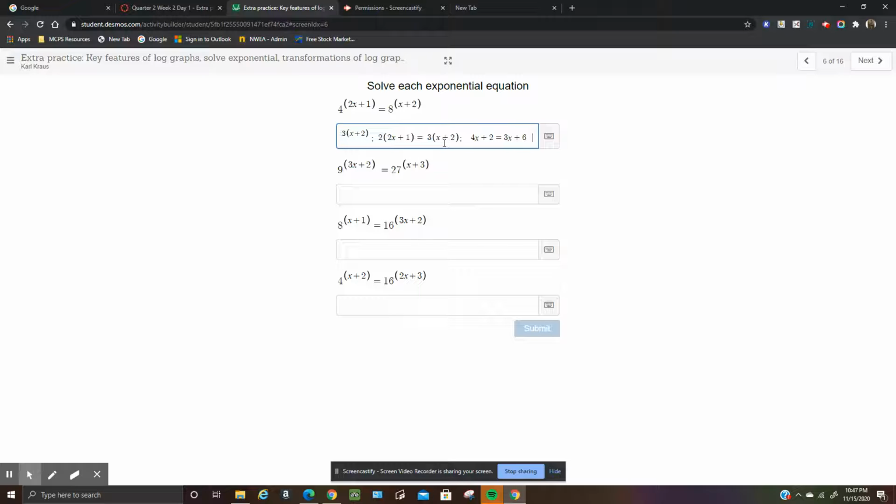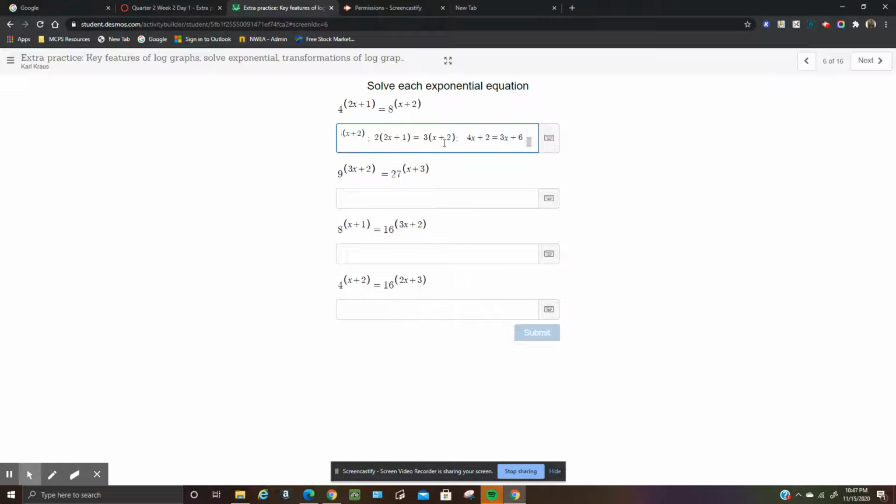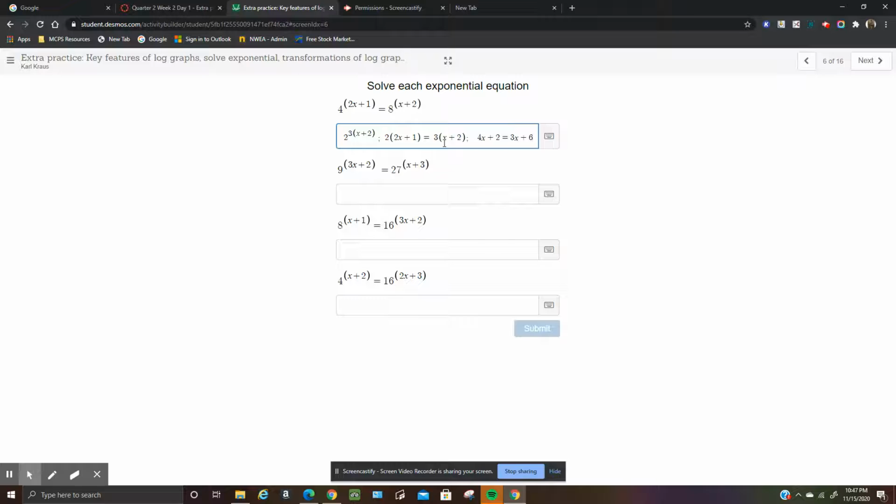If I subtract 3x from both sides, you have x plus 2 equals 6. And then subtract 2, x is equal to 4.